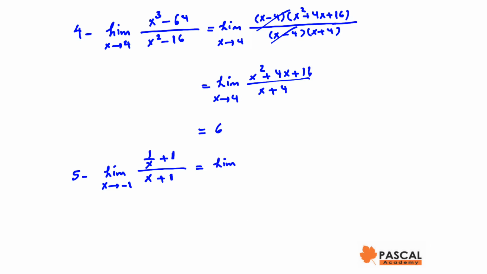The limit can be written as the limit of ((x plus 1) divided by x) over (x plus 1). If we take the common denominator in the numerator of the fraction, this is equal to the limit of 1 over x as x approaches negative 1, which is negative 1.